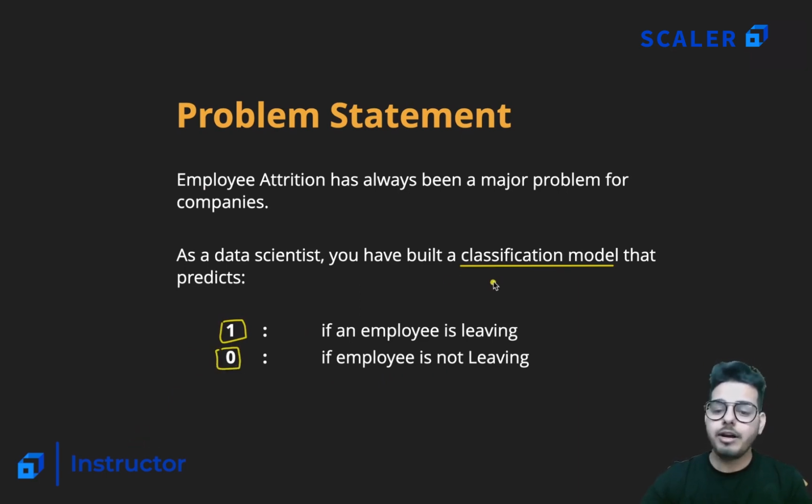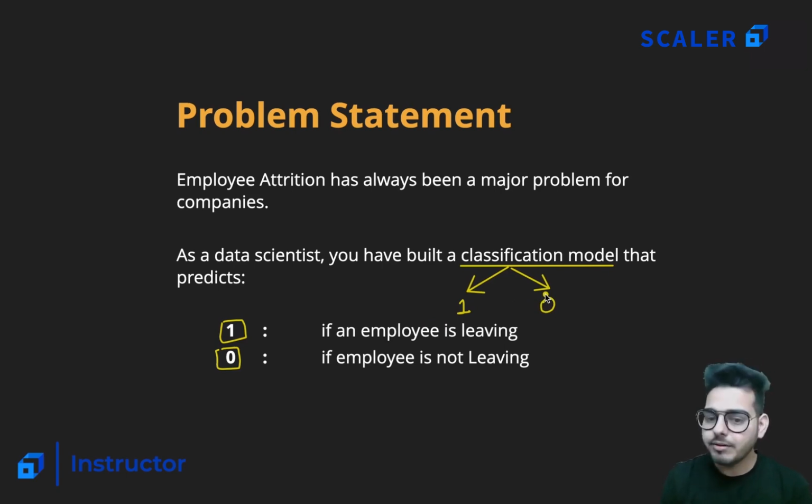Why do we call it a classification model? Because it is categorizing into two categories. If the employee is leaving, it will say 1, yes, the employee is going to leave, and 0 if the employee is not going to leave. That's why it's called a classification model.